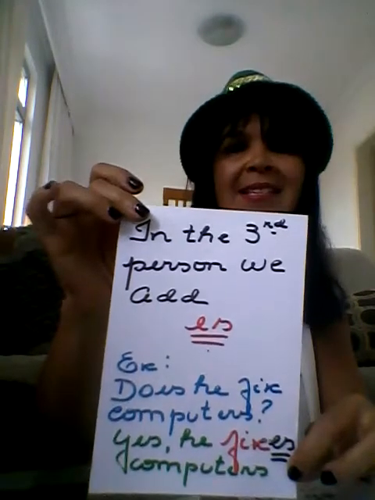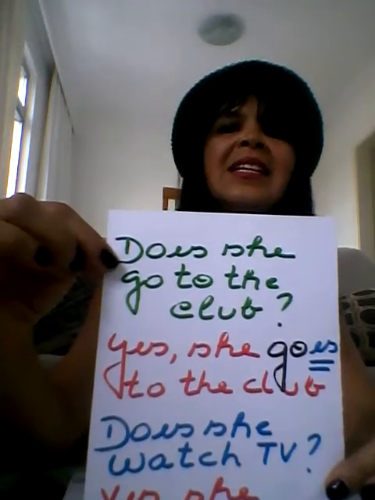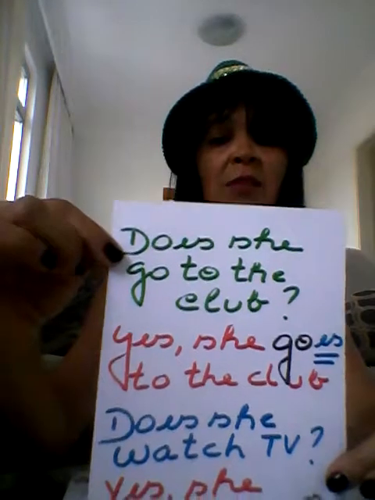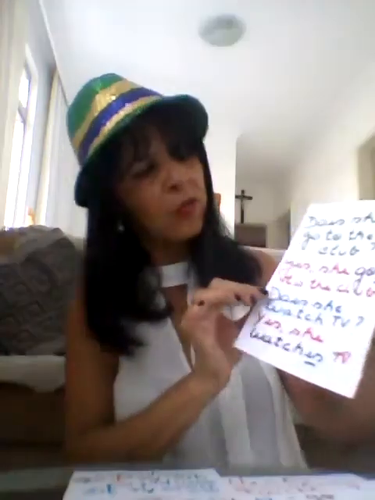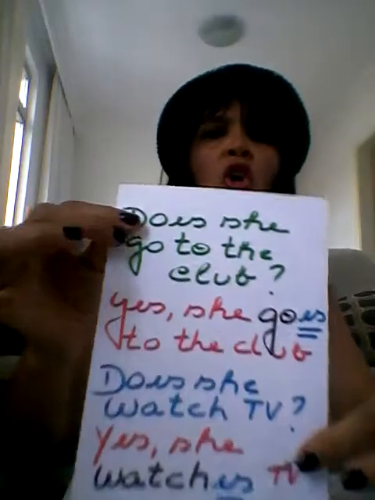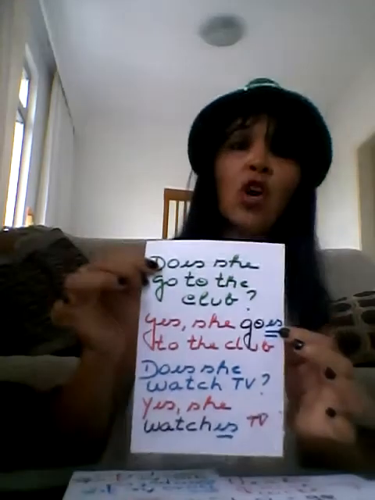Yes, he fixes computers. Another example, long answer with he, she, and it. Does she go to the club? If the answer is affirmative and long, you're going to say, yes, she goes to the club. Goes. Nádia, why?